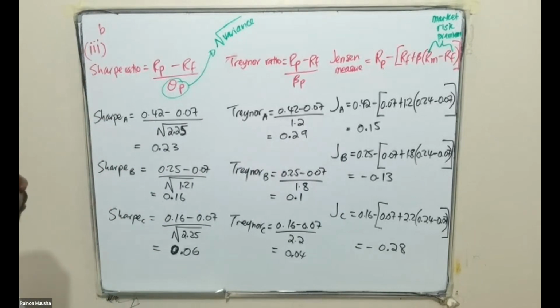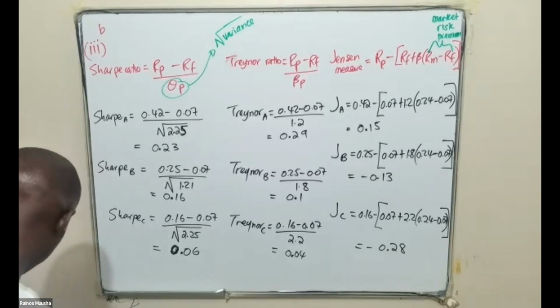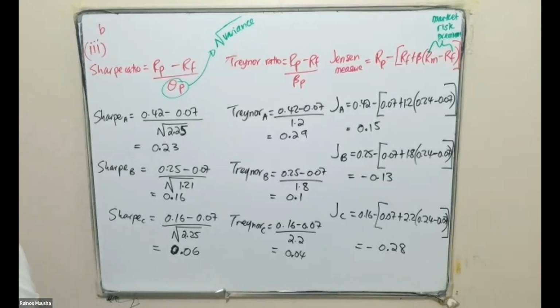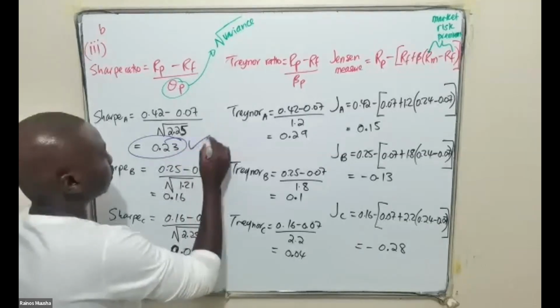When you look at the Sharpe ratio, the Treynor ratio, and the Jensen measure, you are looking at portfolio performance. So the higher the ratio, the better the performance of the given portfolio. If you look at the Sharpe ratio, which one was best performing? A. So here, A was best performing.